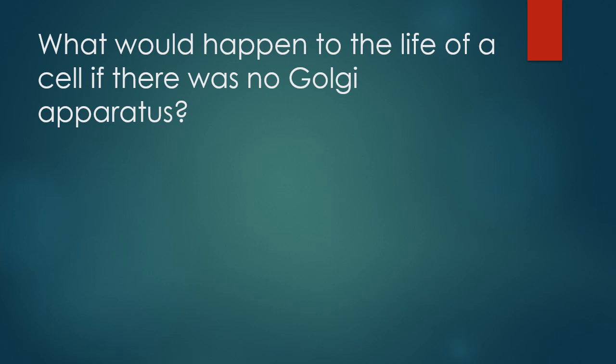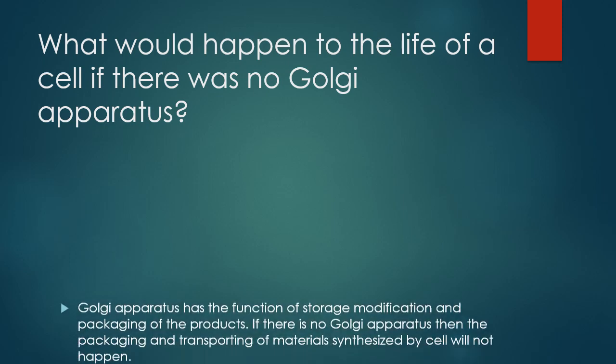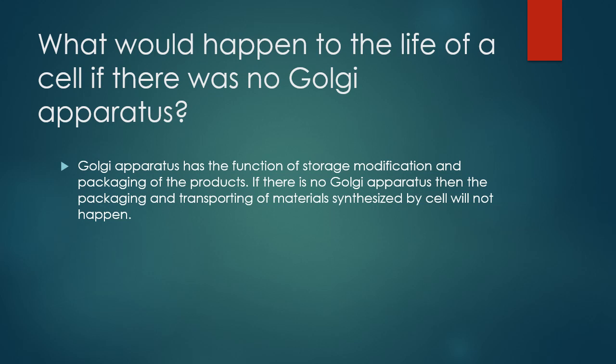What would happen to the life of a cell if there was no Golgi apparatus? Golgi apparatus has a function of storage, modification, and packaging of the product. If there is no Golgi apparatus, then the packaging and transporting of materials synthesized by the cell will not happen.